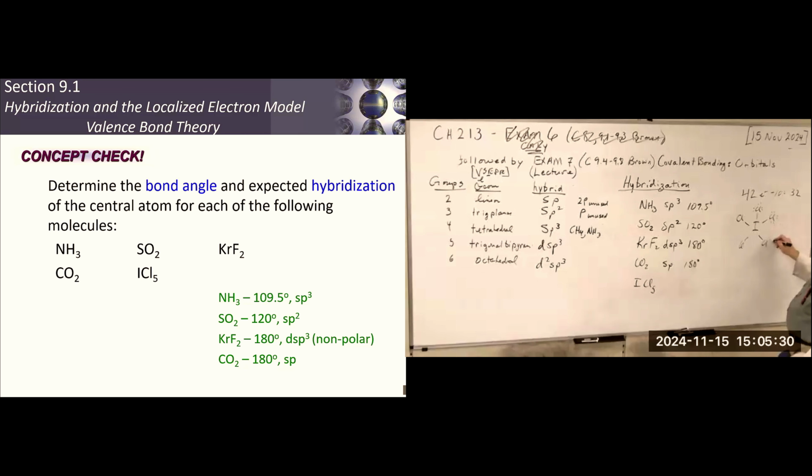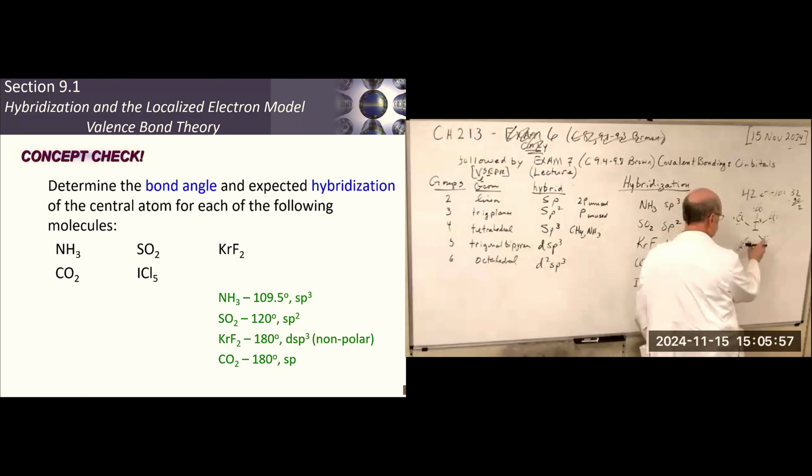So if we put 6 around each chlorine to get our octet, 5 times 6 is 30. There we go. We have 2 electrons going around the central one. Now we have 1, 2, 3, 4, 5, 6 groups, which means it's octahedral. d2sp3.